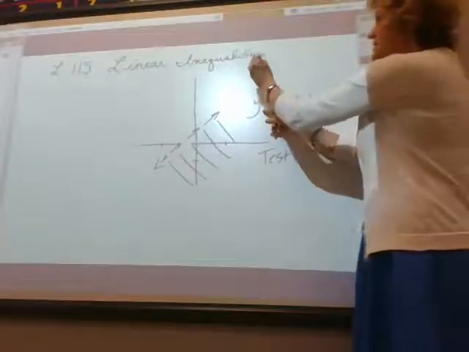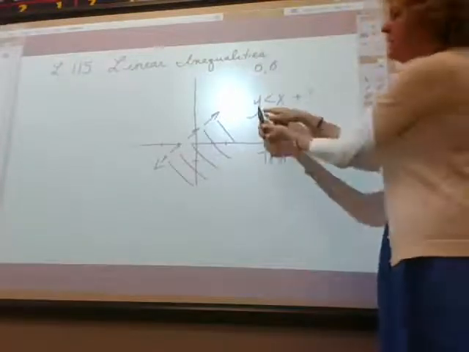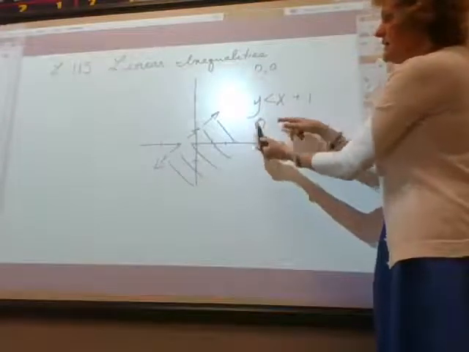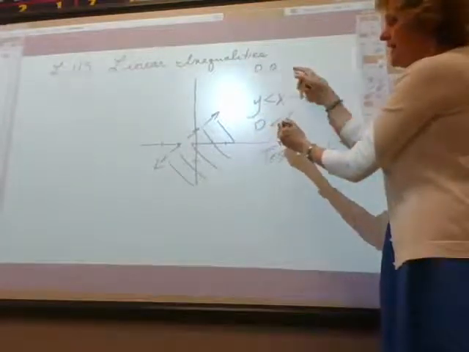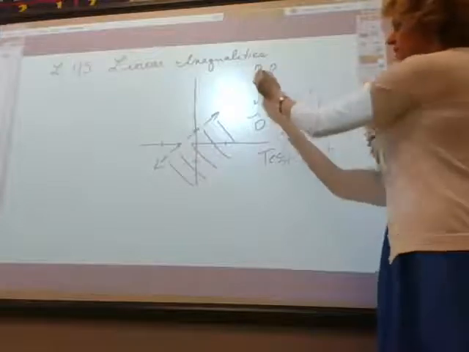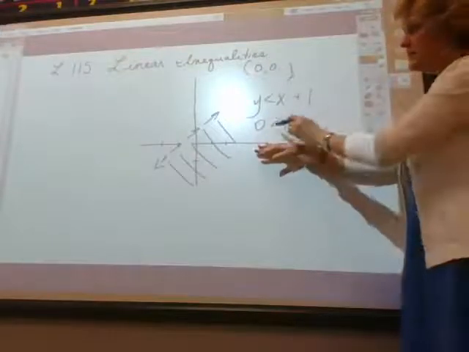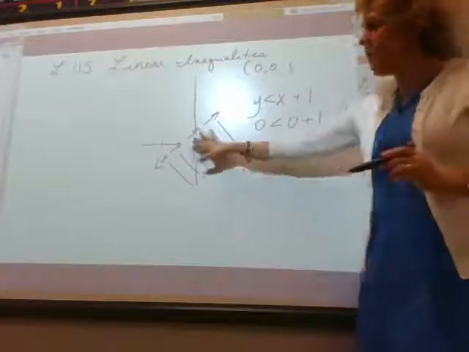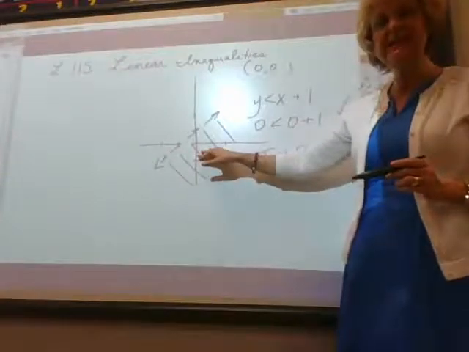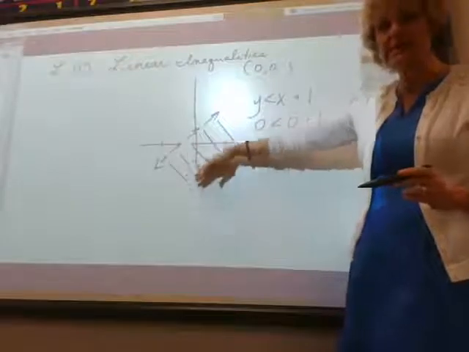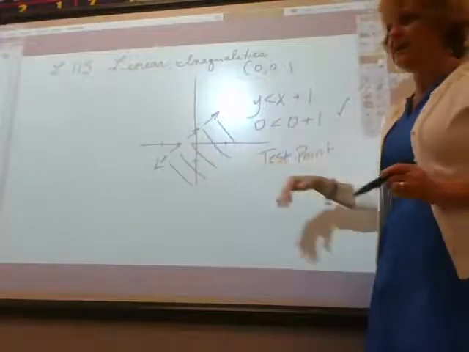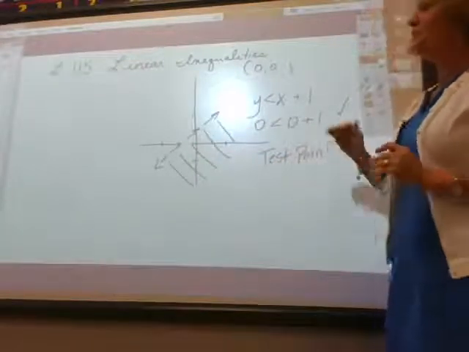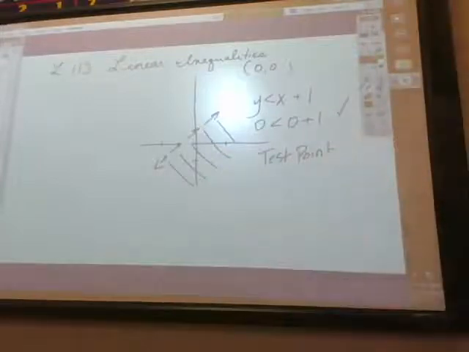If we let y be 0, is 0 less than x, which is also 0, plus 1? Is this true? Is 0 less than 1? Yes. Good. I want that point that I plugged in to be true, to be included in my shaded area. All right? So that is our first presentation there.